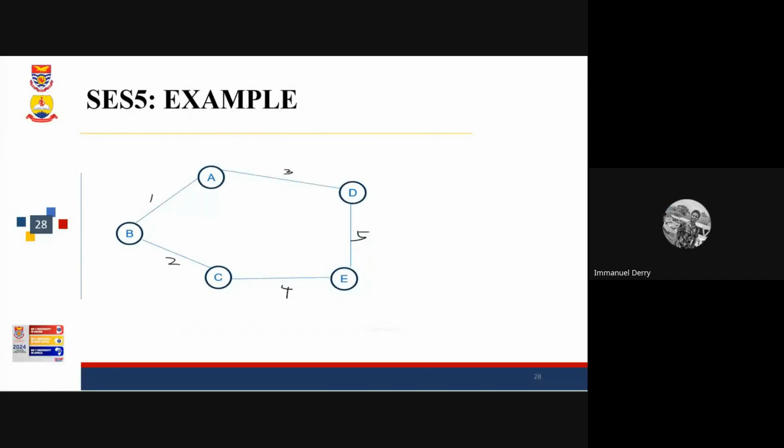And all the vertices are supposed to be included in the spanning tree. However, the edges should not be exactly as many as the vertices. All right, thank you.